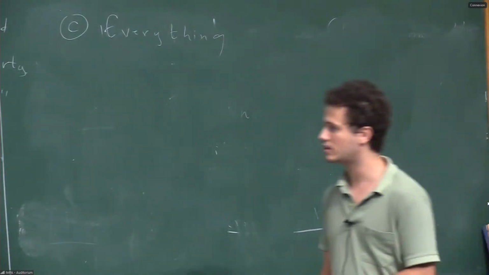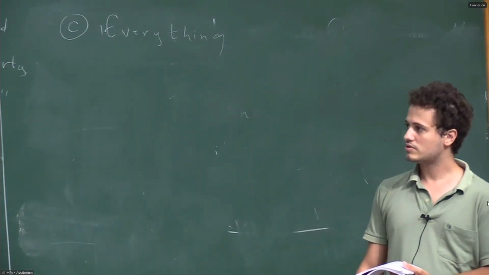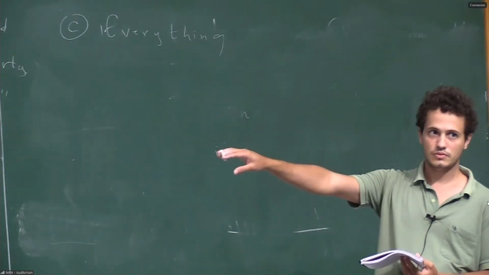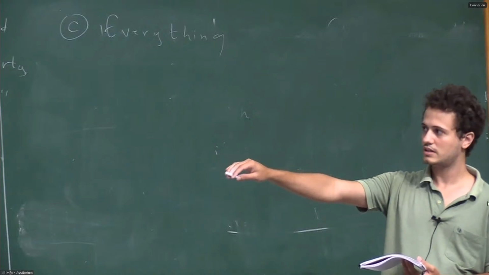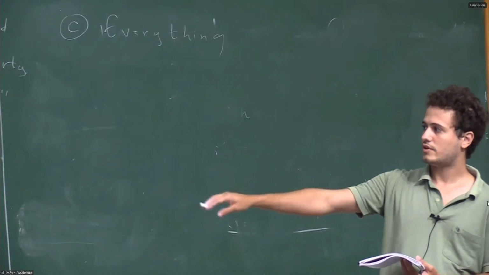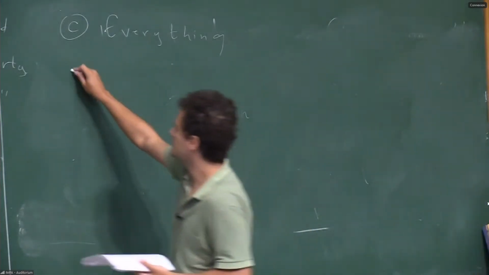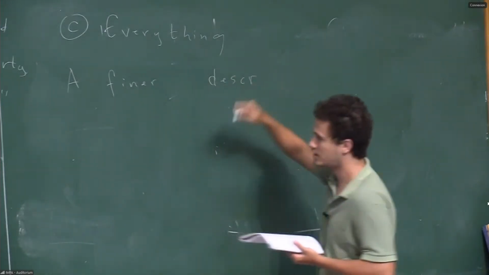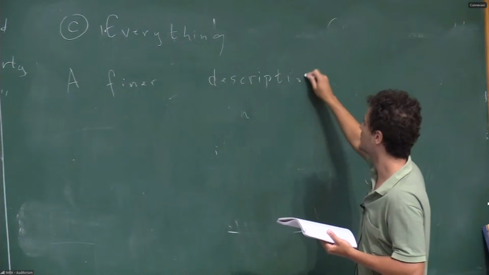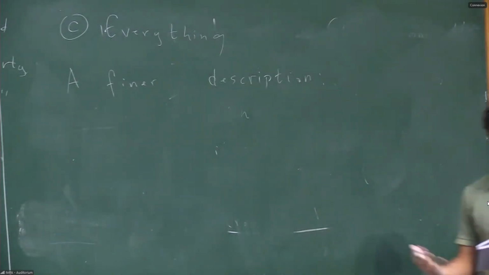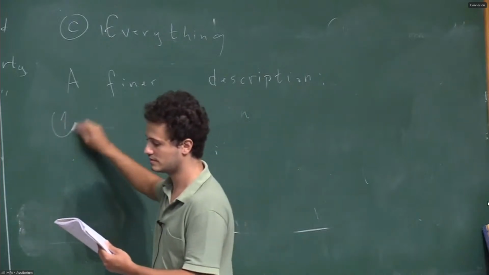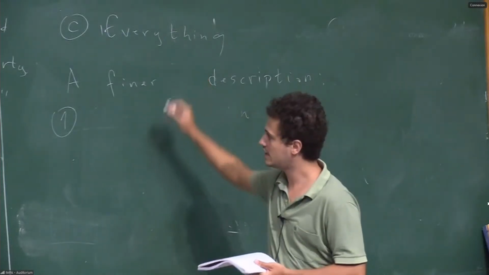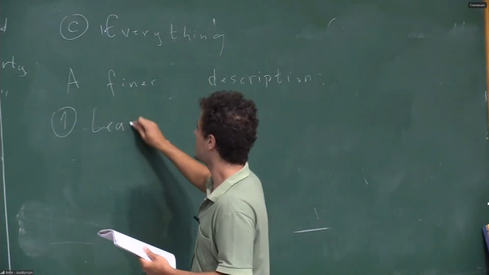I'm also using a finer description of this structure theorem, which can be found in Molino's book. In our case, we'll say that the following four possibilities happen. One possibility is that there's only one minimal set. In this case, the leaves are dense.